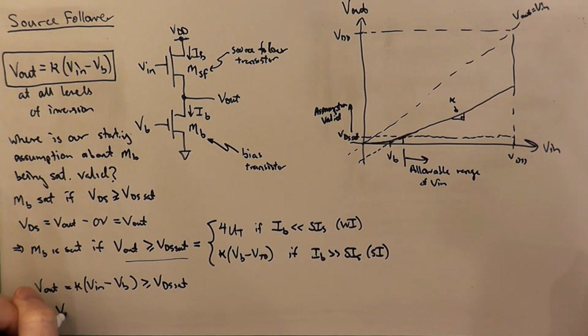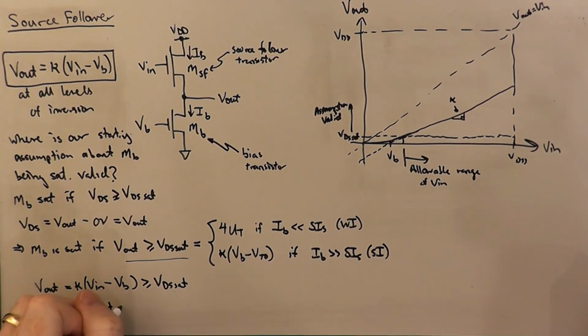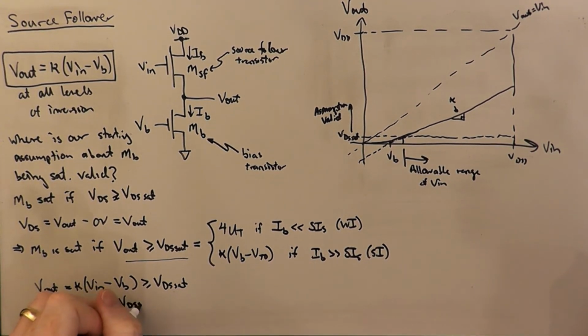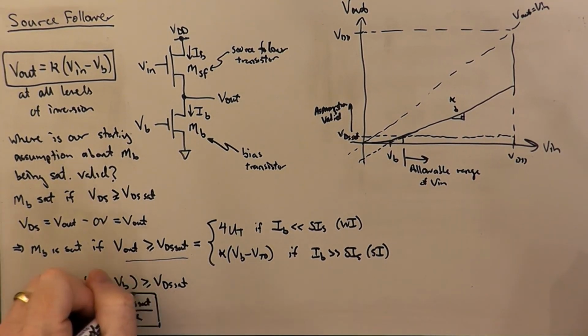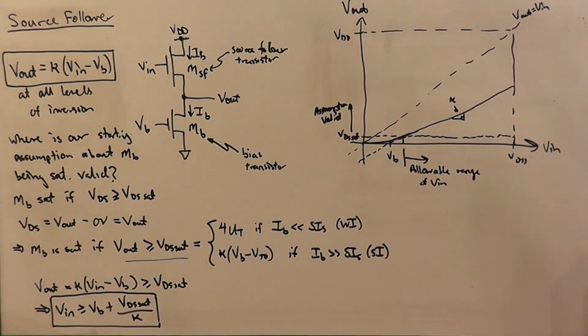So that condition on V in would be V in is greater than or equal to VB plus VDS sat over kappa. So if you like, that is the range of input voltages for which our assumption is valid, and this analysis, modeling the voltage transfer characteristic, is self-consistent. Okay?